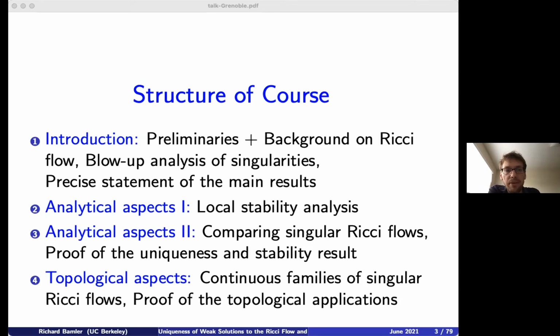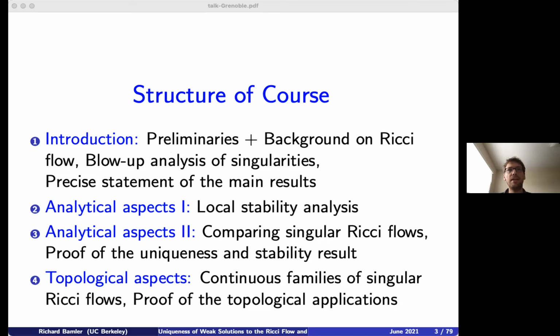In particular, I want to focus on the blow-up analysis of singularities, so we have a very good idea of what that is, because this will be needed later. And I'll also try to make the main results as precise as possible. This will require some more technical discussion in this part. So this is what I'm hoping to achieve in this first class.